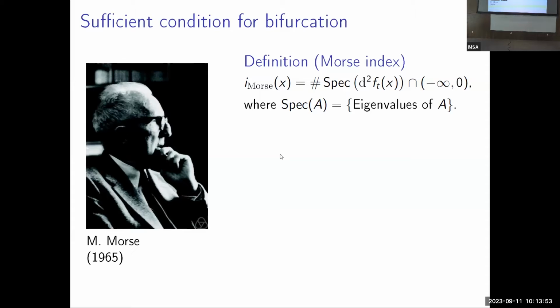You take the self-adjoint operator given by the second derivative, and you take the eigenvalues. These are real numbers, and you take the negative ones and you count them with multiplicity, and that's what's called the Morse index. In all these variational problems, the Morse index is always a finite number. Zero Morse index means a stable solution.